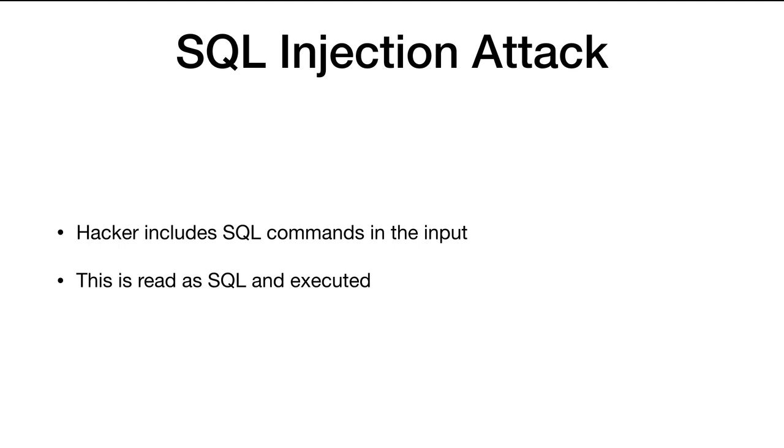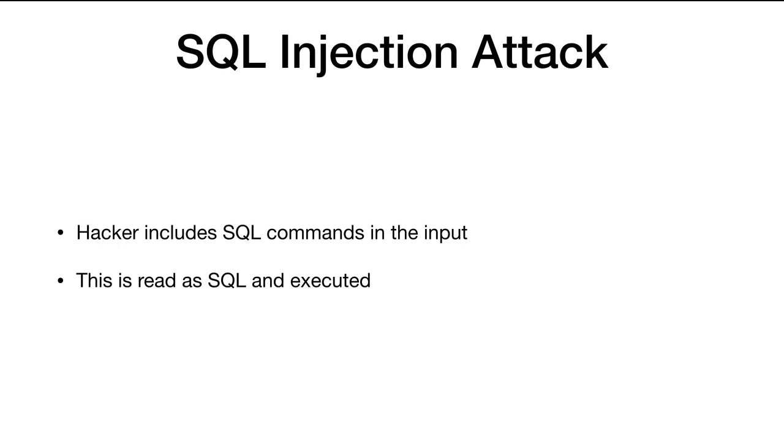Now, the next thing we want to look at is what's known as an SQL injection attack. This is perhaps the most common kind of attack on a PHP server, and it's really quite ingenious actually, but it's also easy enough to defend against. In this attack, the hacker puts some SQL into the input.